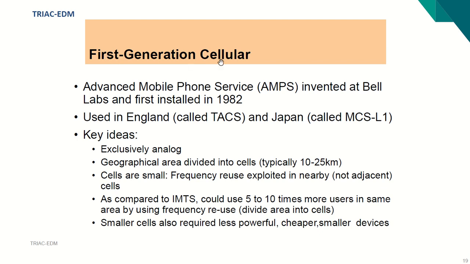Then the first generation cellular, Advanced Mobile Phone Service, invented at Bell Labs and first installed in '82. It's used in England, and that's called TACS, and in Japan, that's called MCS-L1.